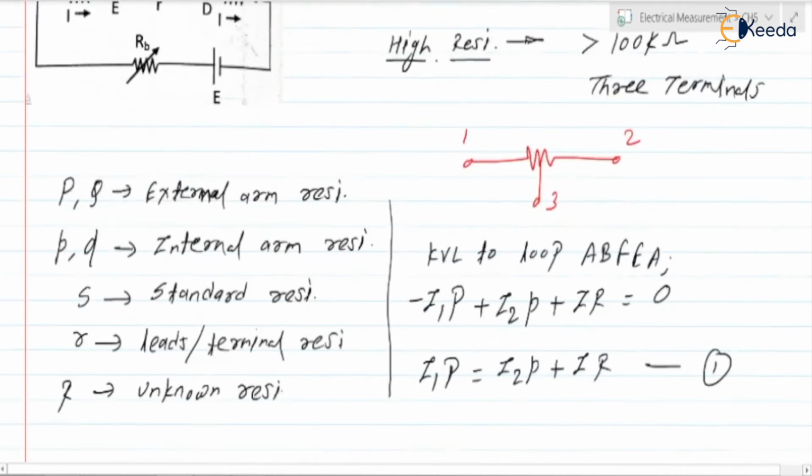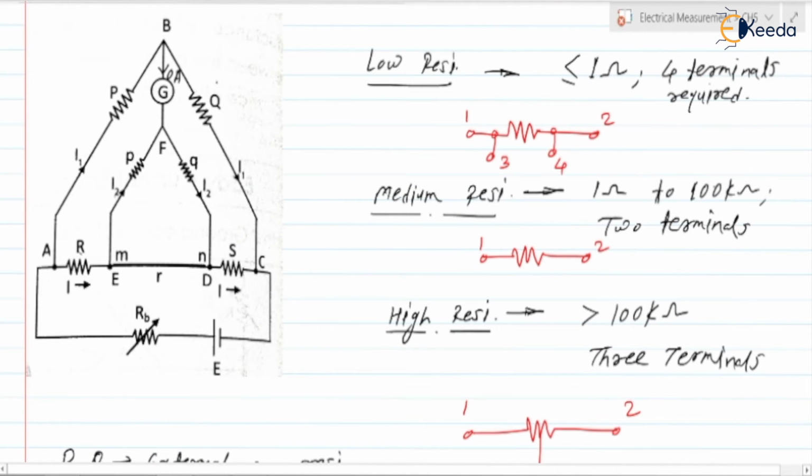Similarly, can we apply KVL to loop BCDFB?